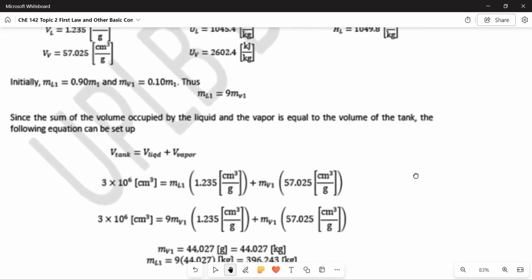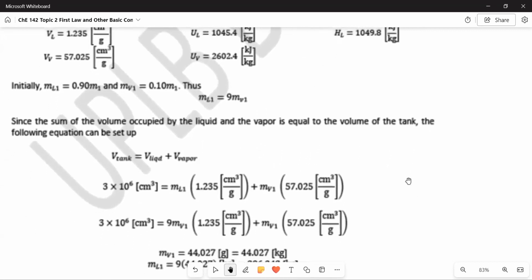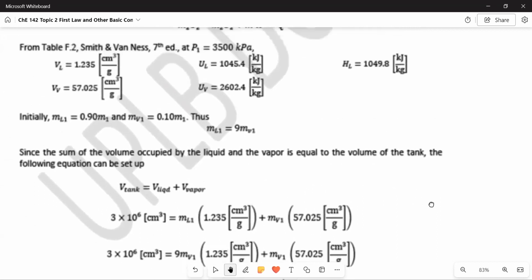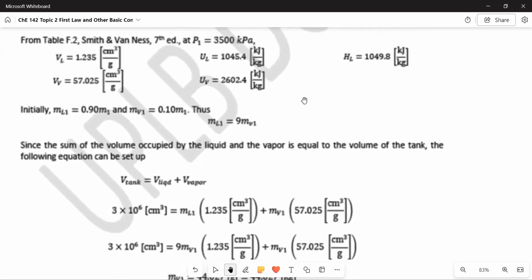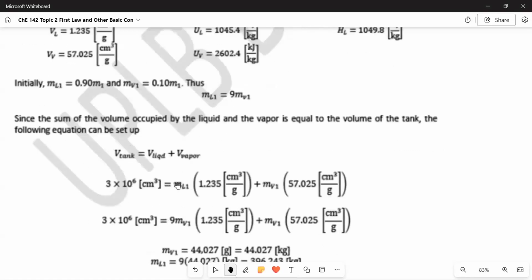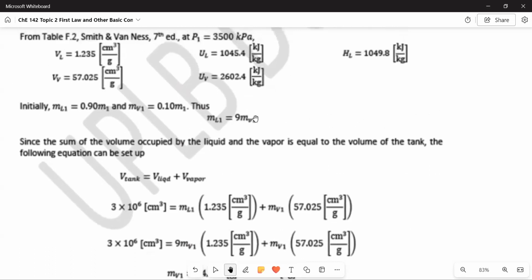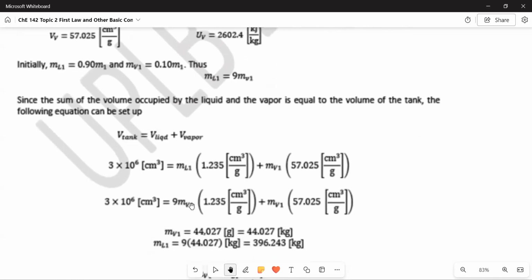The next step is we replace M sub L1 with this derived term, which is 9 M sub V1. We simply replace this with this so that you will have one unknown in the equation. Again, this is for the initial state.